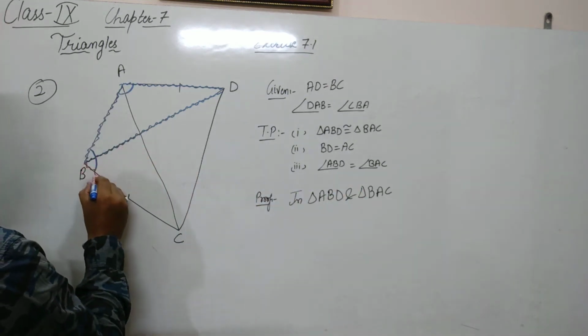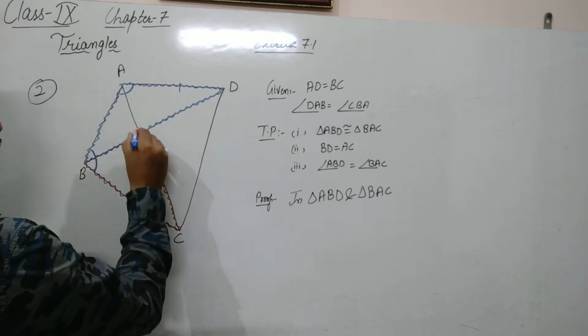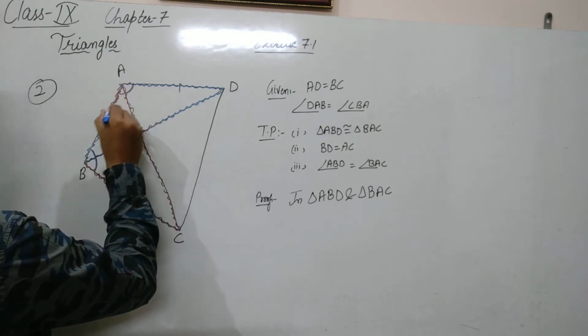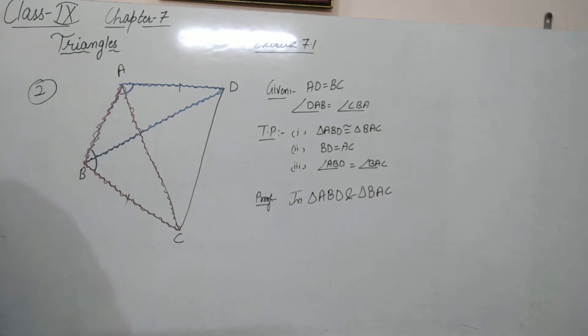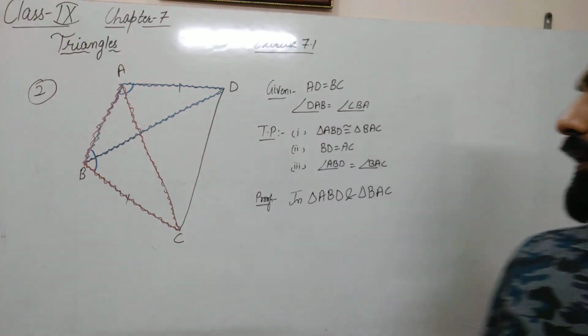This is the triangle BAC. Clear everyone? So these two triangles we have to prove congruent. So we will look for the three parts here.